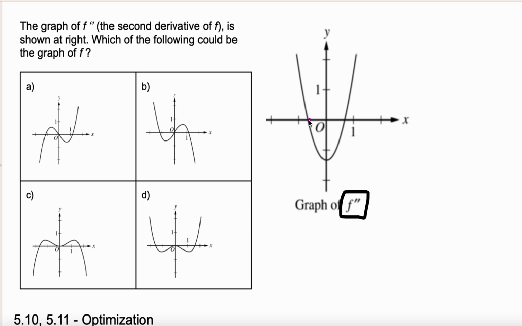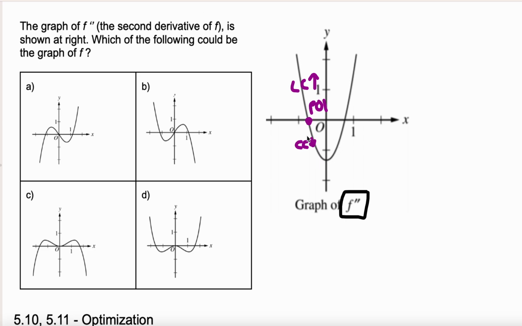So take a look. I've got a point of inflection here, and I know that because my concavity is positive up here, but then all of a sudden it turns into concave down right here. Negative outputs.